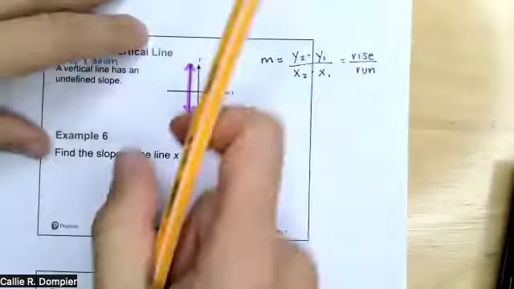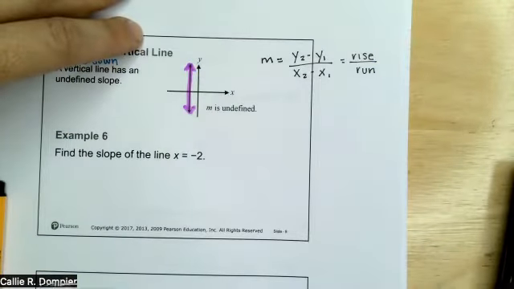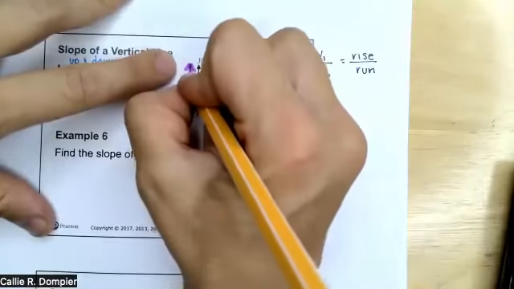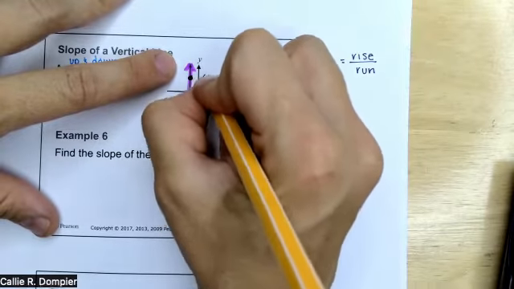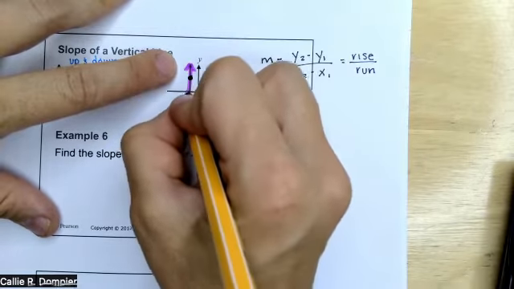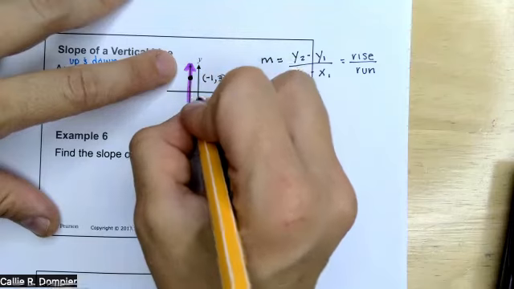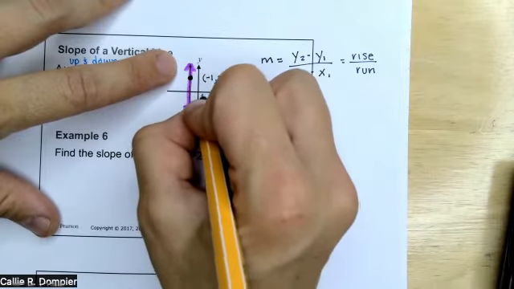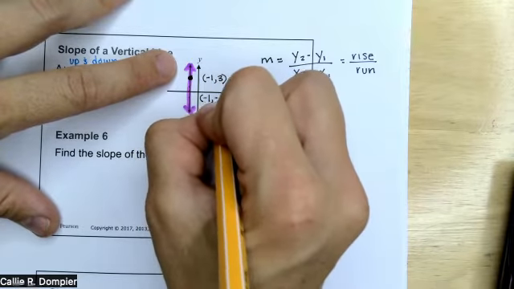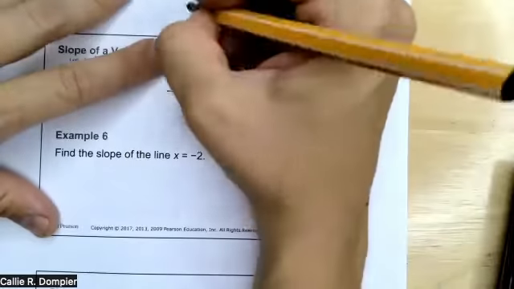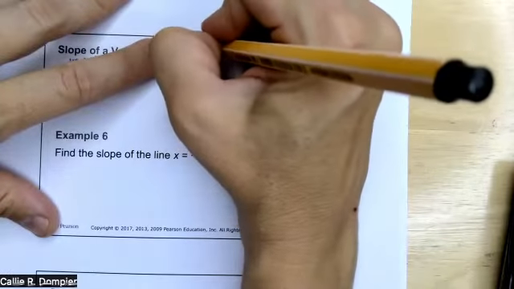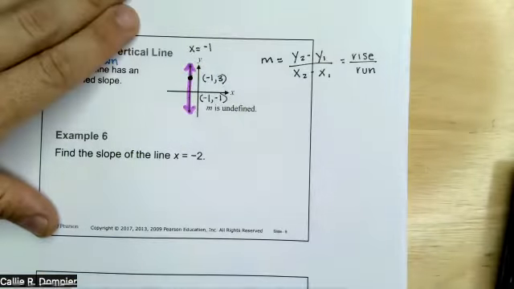You are always welcome to just choose 2 random points on your line. So we will pretend this is -1, 3: -1 on X, 3 on Y, and then -1 on X, -1 on Y. I could have chosen any points, but notice that my X, no matter what, is equal to -1.